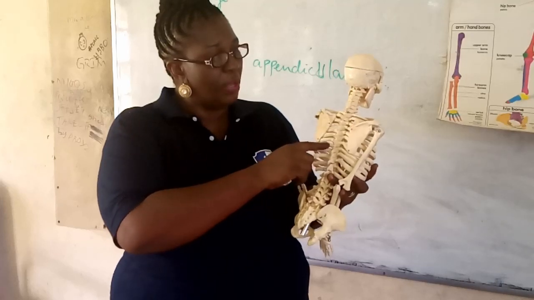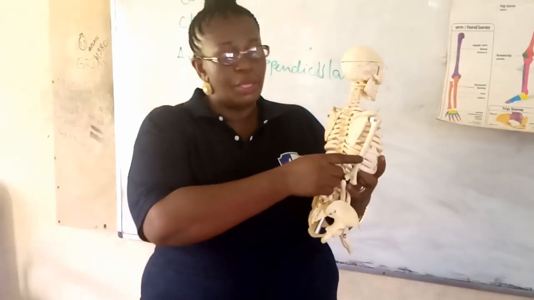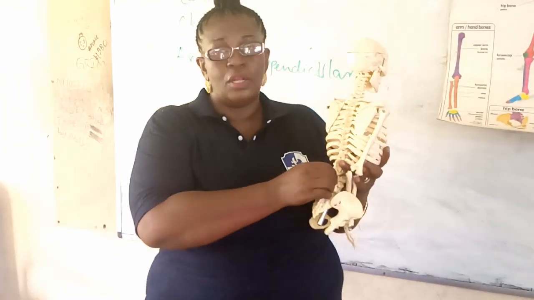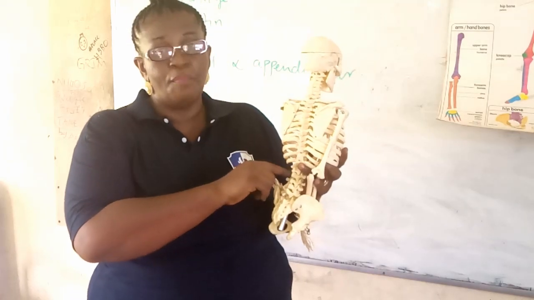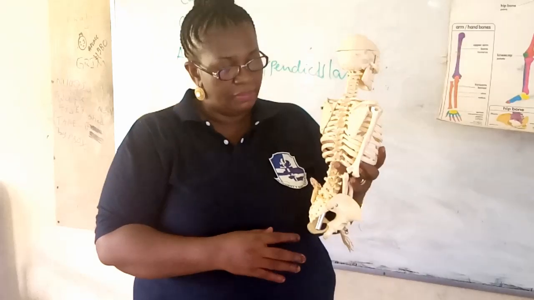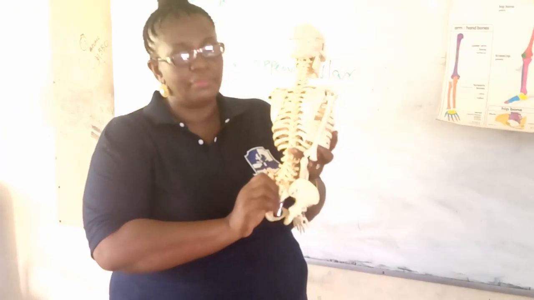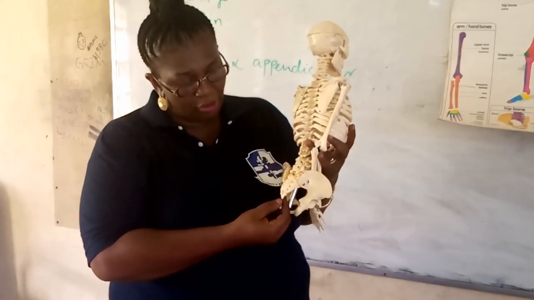We have the next 12, the thoracic, which is joined to the ribs. Then we have the lumbar, which are the heaviest and have more projections because they carry most of the parts of the body. And then we have the sacrum. We have about 5 bones fused together. And then we have the coccyx.